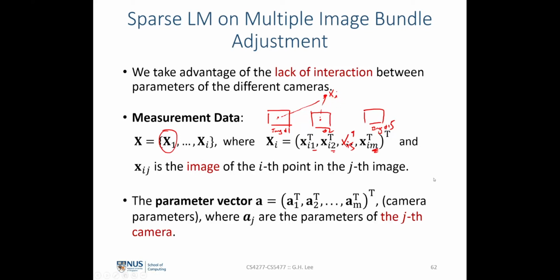And as mentioned earlier on, we're going to denote the camera parameters as A, which is denoted by A1, A2, all the way to AM, where there are M images altogether in our bundle adjustment context. And each one of these parameters, Aj, represents the jth camera in the scene. And this could be a 12 by 1 vector, which represents all the parameters in our projection matrix.